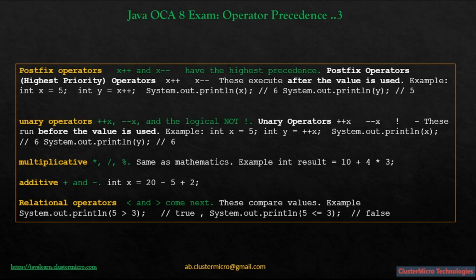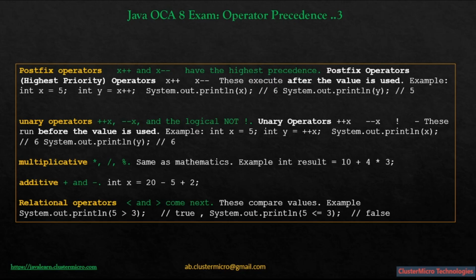For example, if you have int x = 5 and you write int y = x++, it does a post-increment, so x's current value, 5, is put into y, and then x is incremented. After execution, y will be 5 only, not 6, because it's a postfix, and then x becomes 6. The value is used first and then the increment happens afterwards.